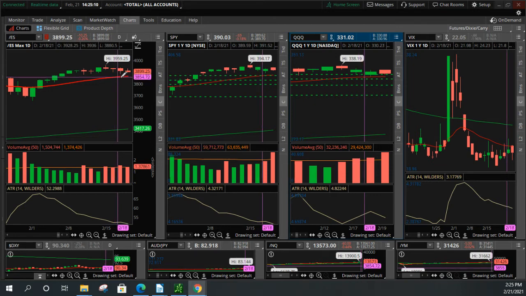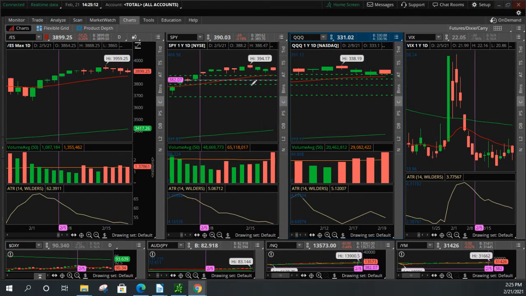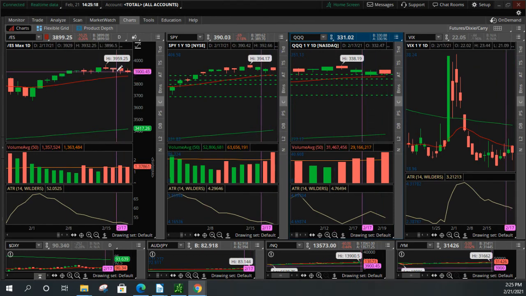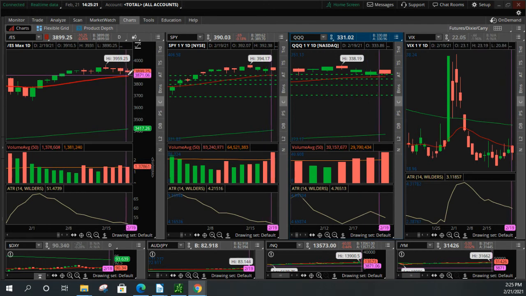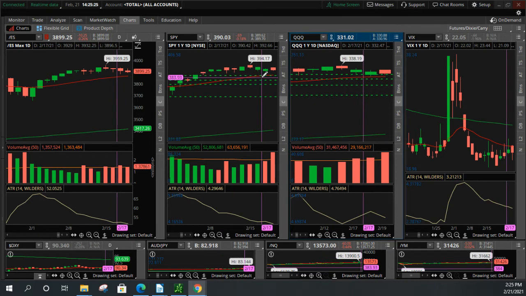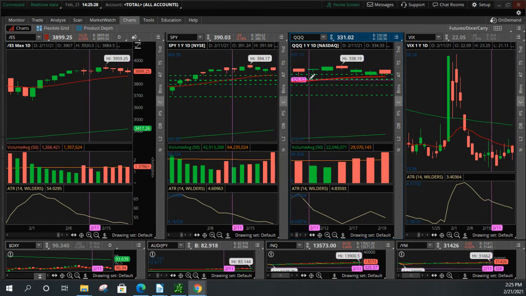You can see here with the ES, the SPY, the QQQ, if I'm looking at this right now, I'm still bullish. Now, granted, we're having a pullback here to that 21-day, but they're still above that 21-day moving average. So when it comes to trades, I'm going to have more of a bias towards the call side.